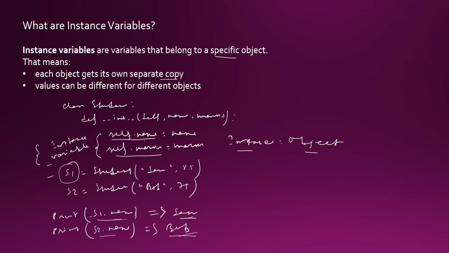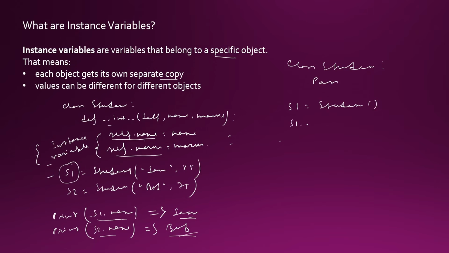Apart from that, always remember, an instance variable is not only created within the constructor, it can be created outside our constructor. For example, if we write class student, I'm just putting pass. Now I'm creating my object, student.